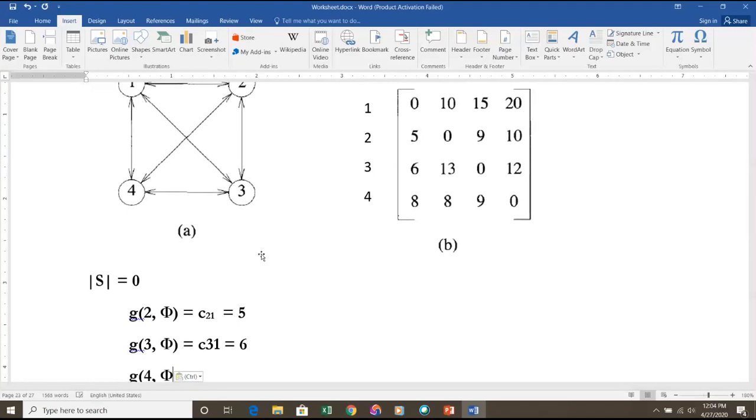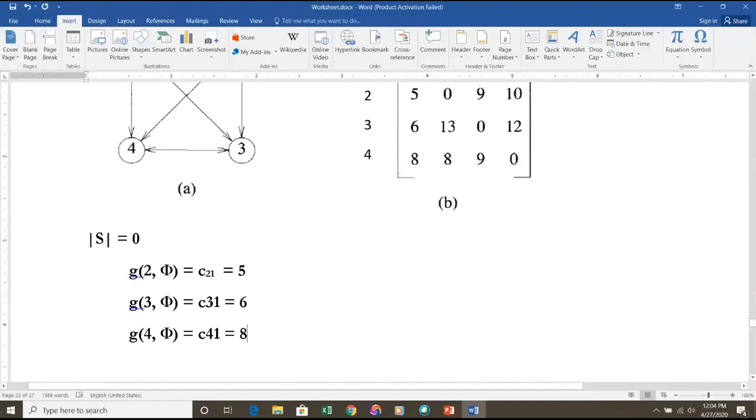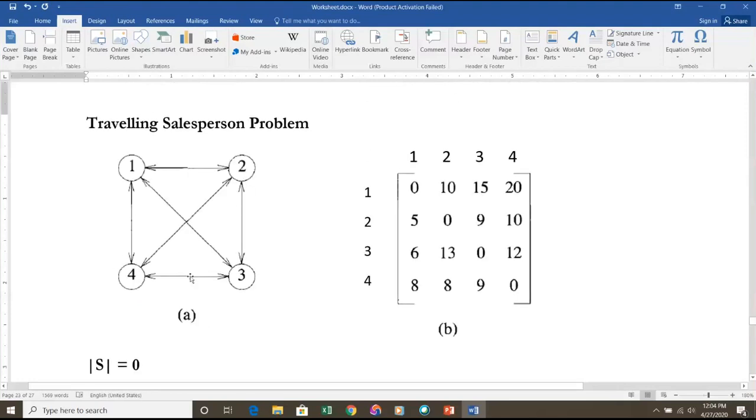Cost from 4 to 1, I should make it a subscript. 4 to 1 is 8. This is the first step. Is there any other vertex remaining? No. So initially we should consider 2, 3 and 4.